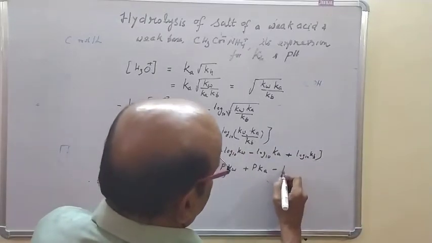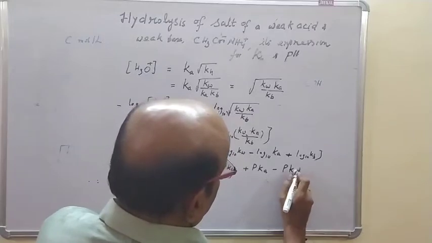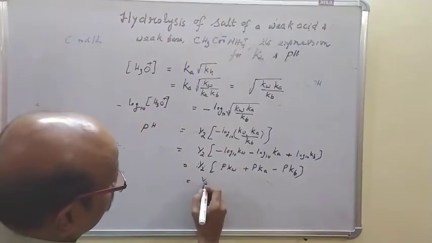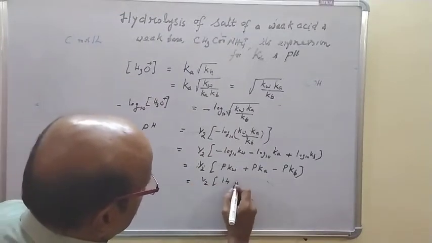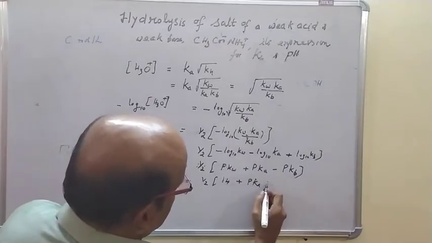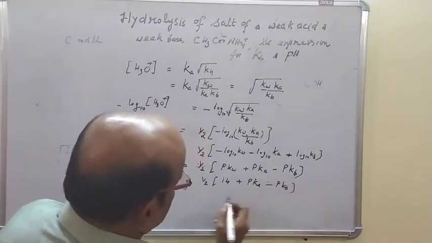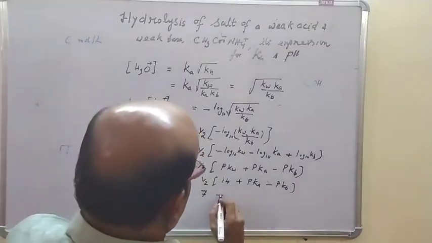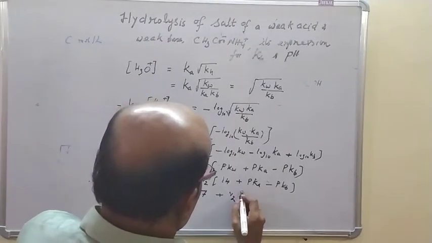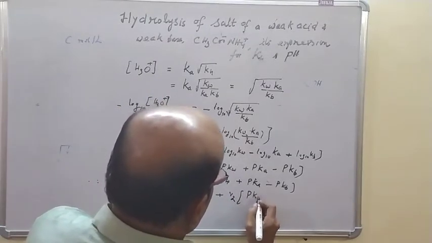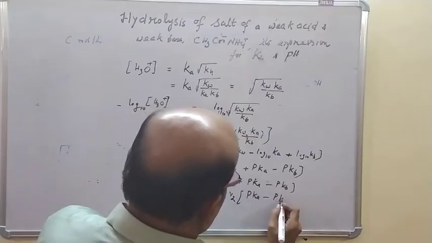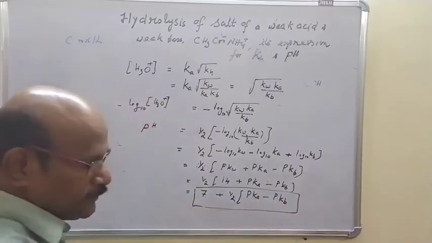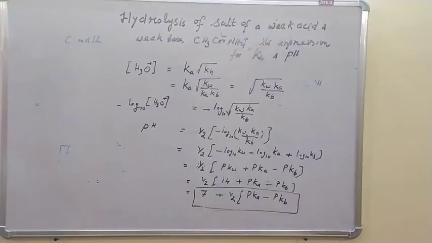And pKw is 14, so we have half into 14 plus pKa minus pKb, that is equal to 7 plus half into pKa minus pKb. So we have the expression for pH.